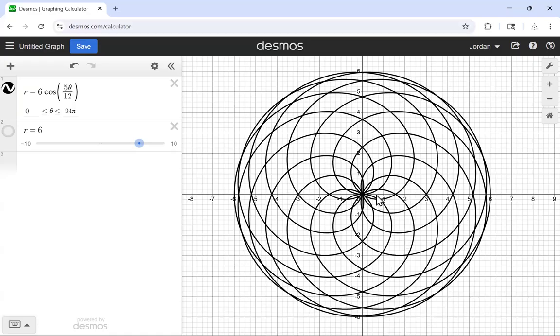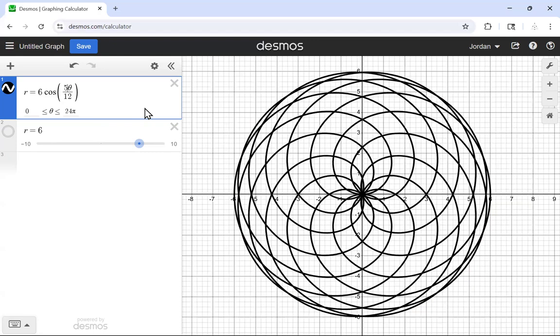6 cosine 5 theta over 12. By the way, just so that we're all aware, all of these loops are contained in the circle of radius 6. I think this is a really neat and interesting looking object here.